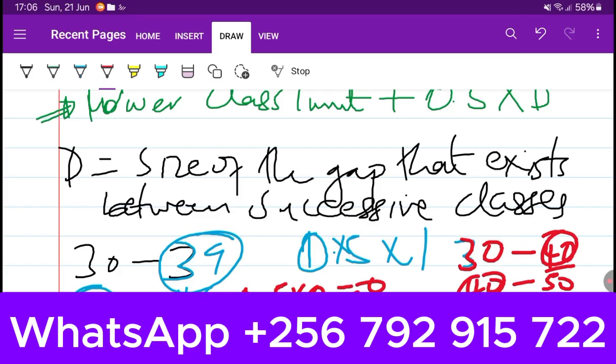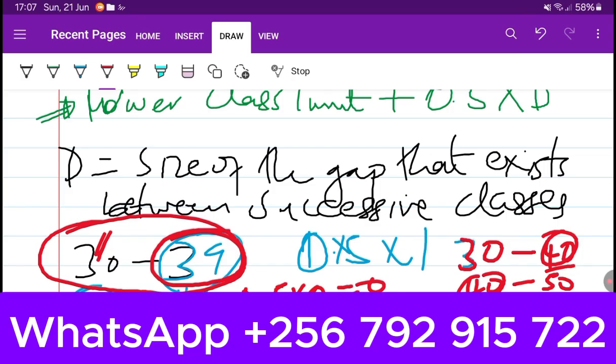For 30 to 39, you get this 30, which is the lower class limit, 30 minus 0.5. Then for the upper limit, 39 plus 0.5. That's how we get the class boundary of each class.